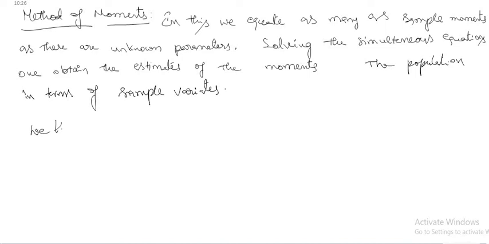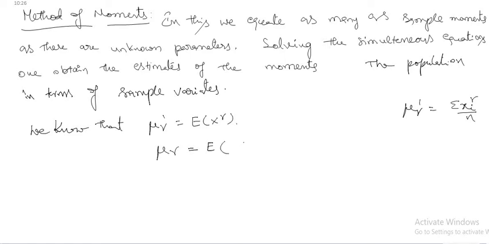We know that in general, what is mu r dash? Summation xi power r by n. Then how about expectations? Mu r dash equals expectation of x to the power of r. What about mu r? Expectation of x minus mu1 dash.